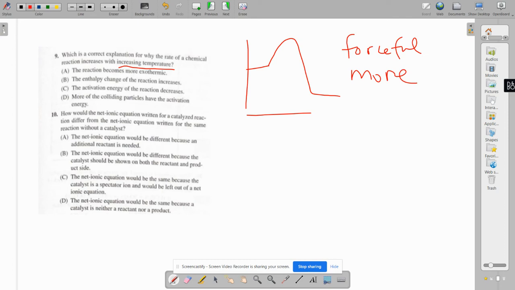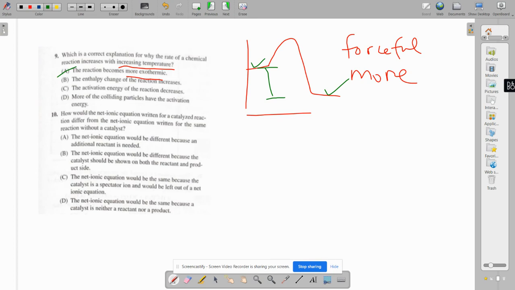So you're going to increase the number of effective collisions during a region of time. So let's see, A: the reaction becomes more exothermic. Not true, because that has to do with delta H, and nothing's changing there. It's the same products, the same reactants, so nothing's going to change about that just because you increase the temp. So not a factor.